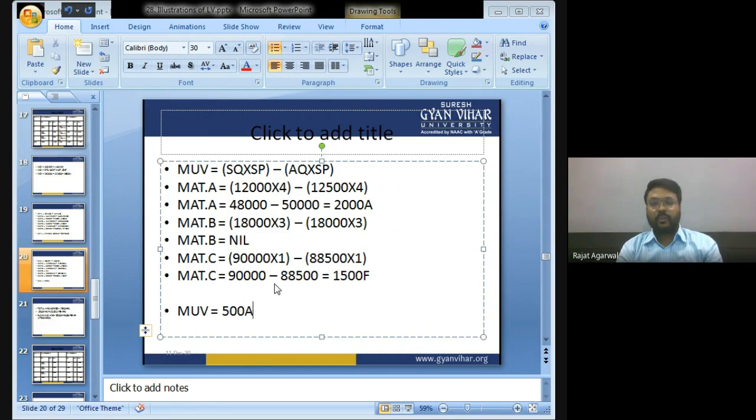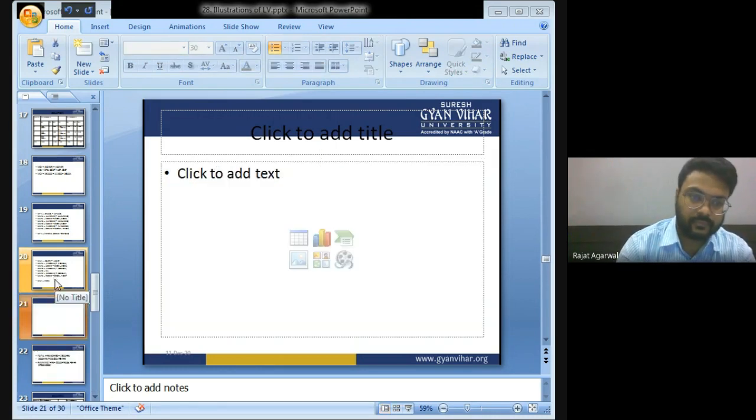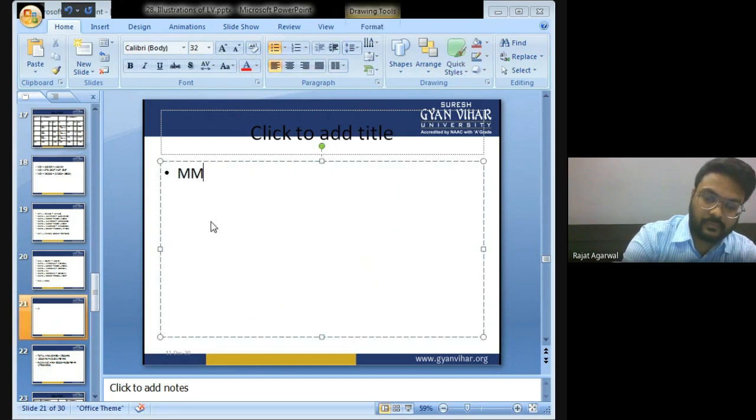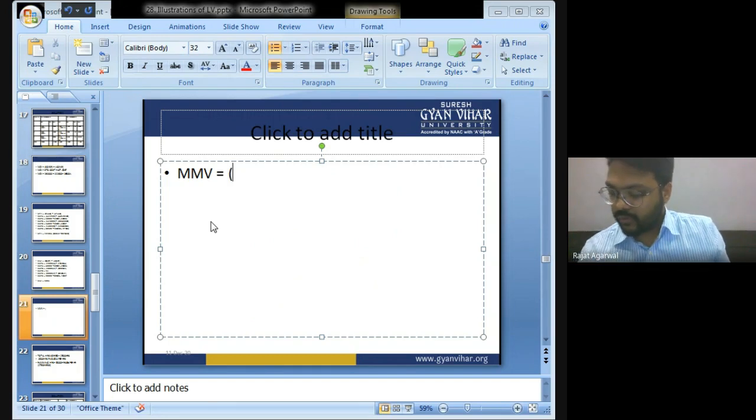So we have calculated material cost variance, material price variance, material usage variance, now material mix variance. Now, what is the formula of material mix variance?